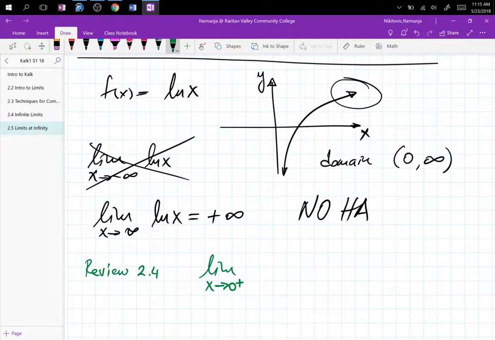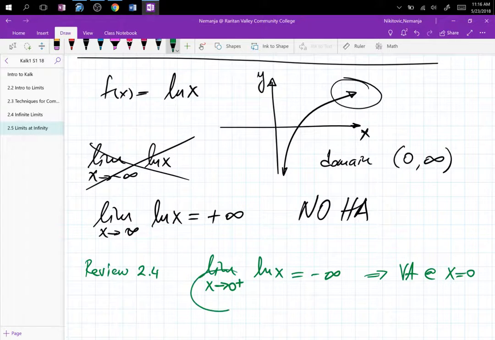So 0 plus must be used. In this case, the limit of ln x is equal to negative infinity, which says vertical asymptote at x equals 0. So for vertical asymptotes, you are looking for the answer to be infinity to claim an asymptote. For horizontal asymptote, you are looking for a non-infinity answer. You want the finite value, because that is your asymptote.